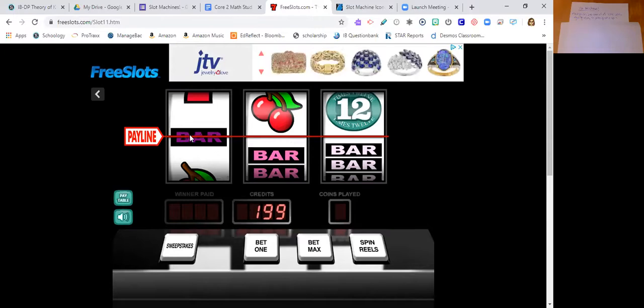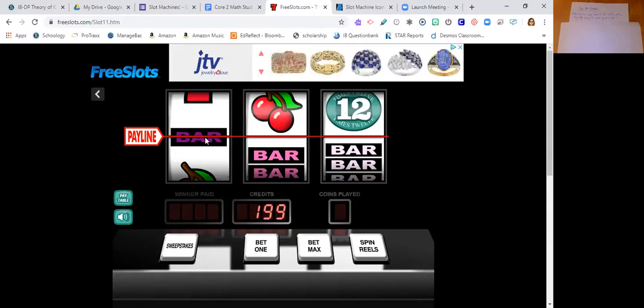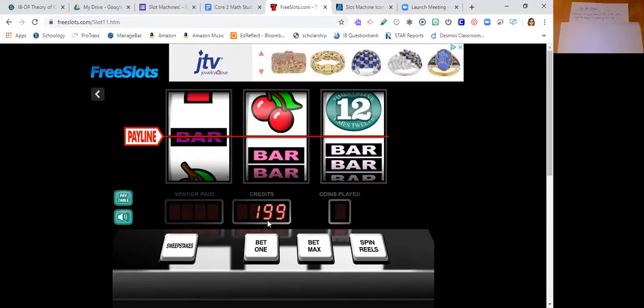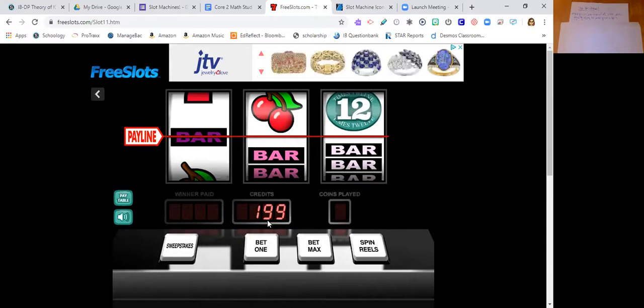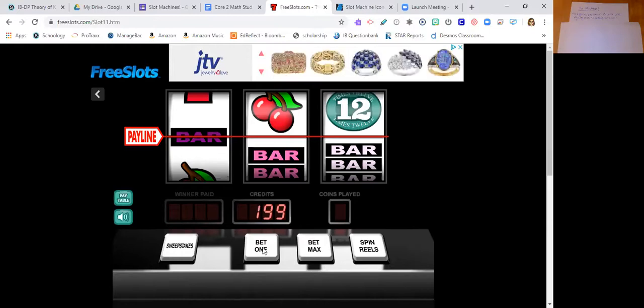When it lands on this line, you can get paid a certain amount of coins or money. Here, they're called credits, and I have 199 credits. If we were playing penny slots, that would be 199 pennies. If we were playing dollar slots, that'd probably be $199. So depending on what kind of slot you want to play, that's what the credits are based upon. Now, we can bet one or bet max.